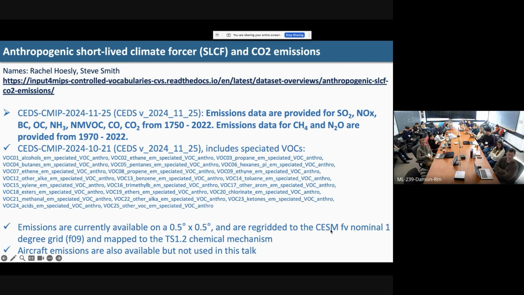And I did use the CEDS v1 at 1 degree. So I regridded those data sets and made them TS1.2 chemistry ready. And I haven't looked at the aircraft emissions yet. So those are the CEDS version 2024.